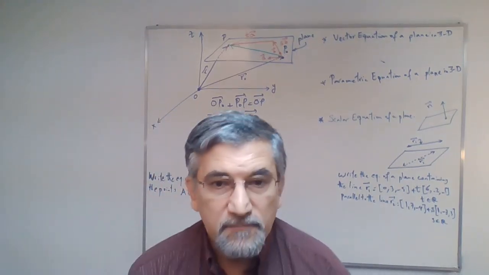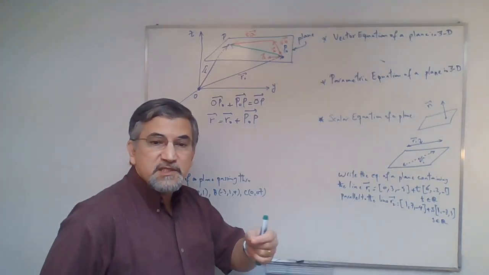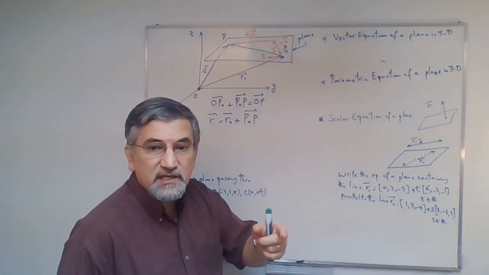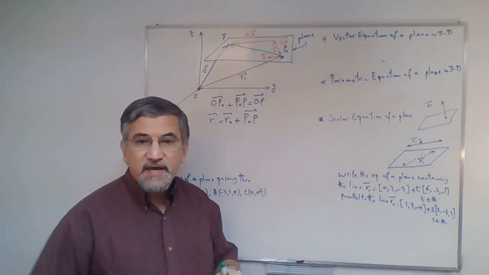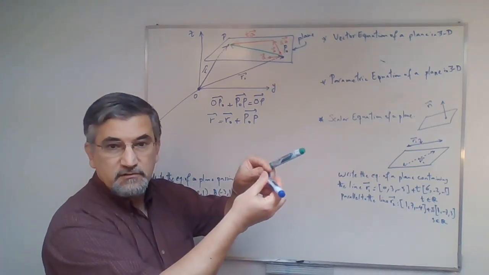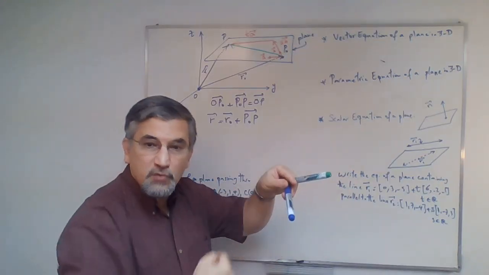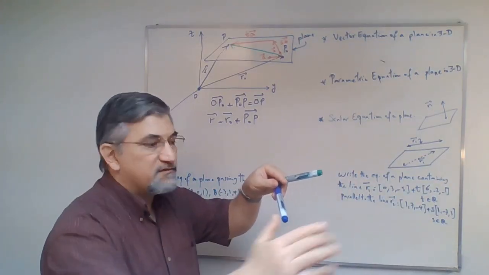So we see that only one vector is not good enough to identify or specify that particular plane in 3D space. That means we need to have at least two vectors, so that we can pass a plane containing those two vectors and identify a plane.